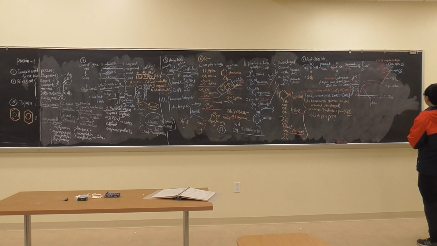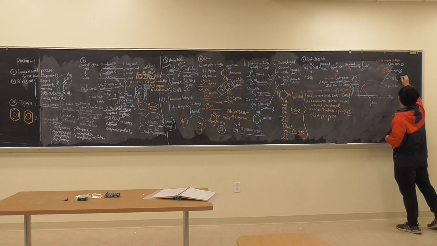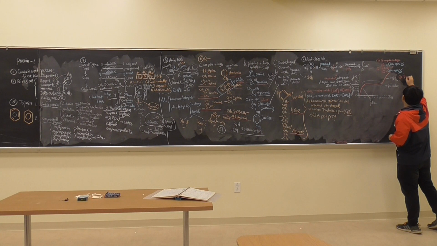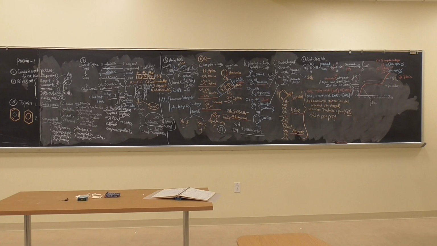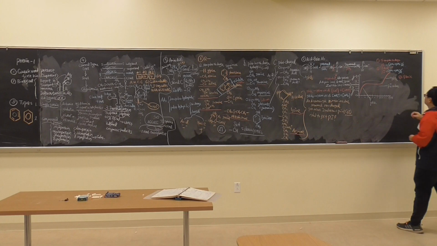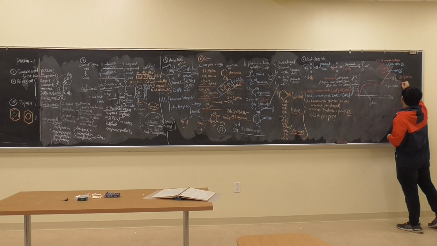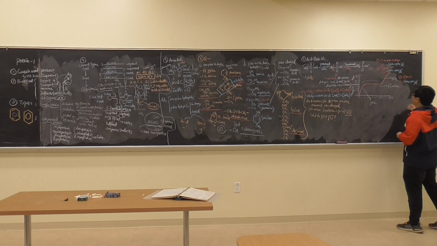Now the third category. If it is a basic amino acid, like histidine, arginine, and lysine, what will the pI value be? That will be pKa2 and pKa3, then you divide by 2.